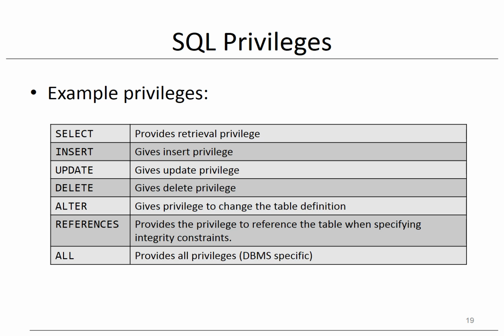References grants the privilege to reference the table when specifying integrity constraints. It can be further refined by specifying the column names that can be referenced. Finally, all provides all privileges. Note that most RDBMS vendors provide other specific options which you may want to check.